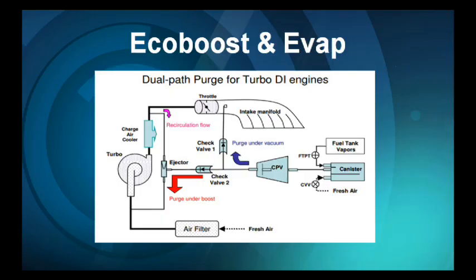So we're going to route the fuel tank vapors in front of the turbo inlet and let it go that way instead of possibly pressurizing the fuel tank, to protect any pressure in the tank. So this is a unique evap system that is utilized on the EcoBoost system because we're pressurizing the intake so we can still purge the evap vapors even in a boost situation.